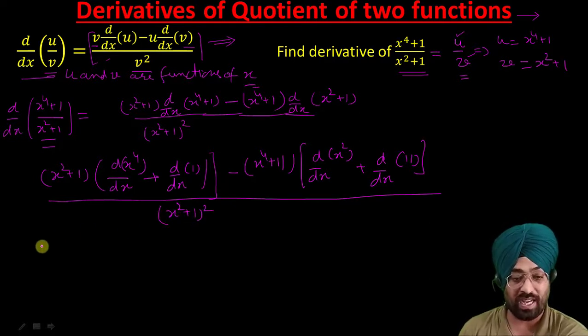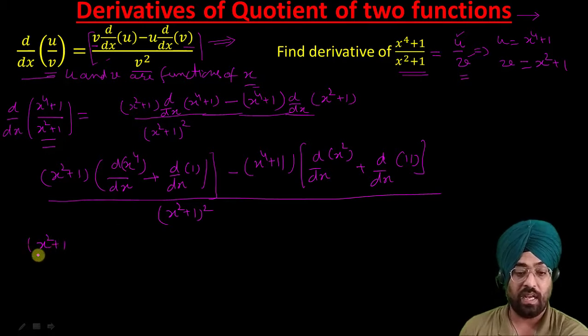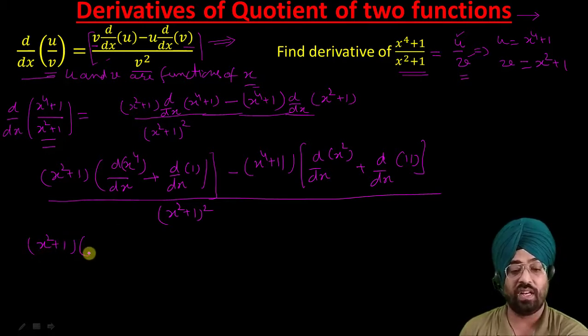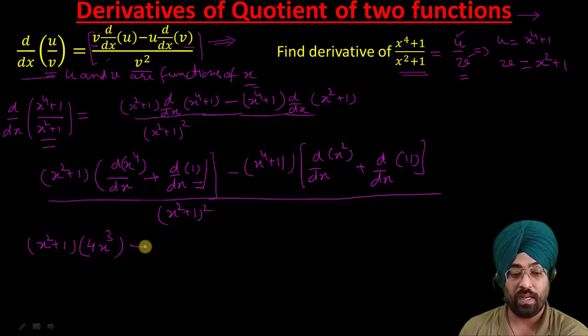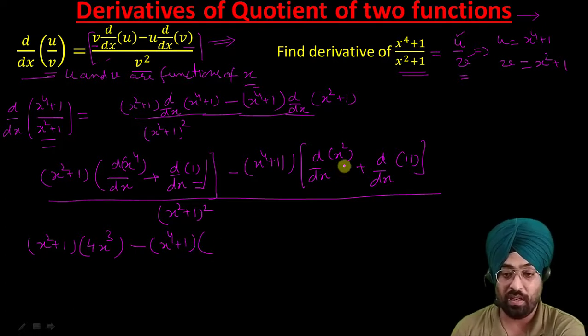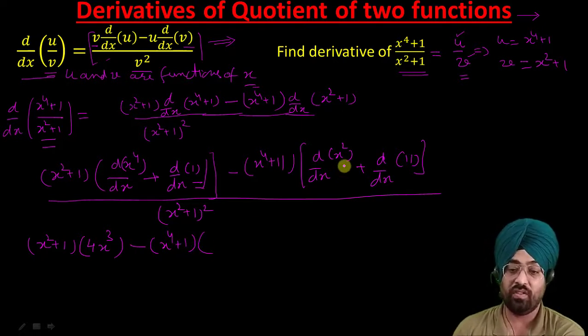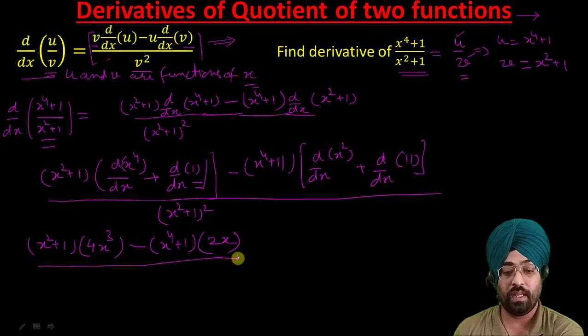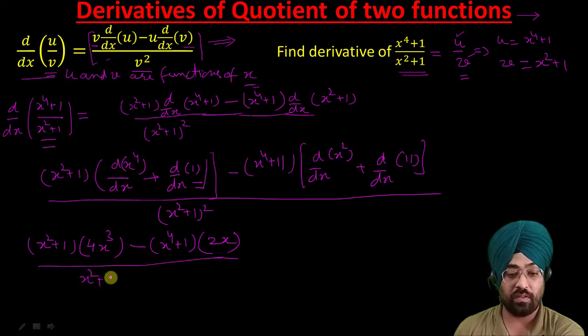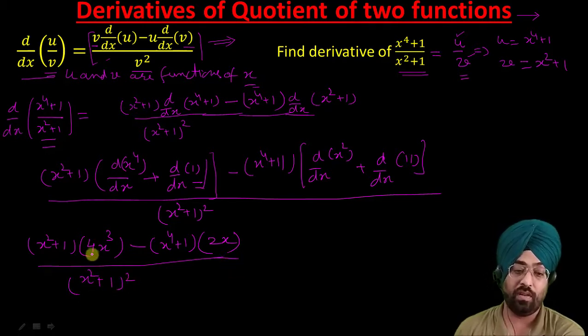Now it becomes x square plus 1 as it is, derivative of x raised to the power 4 is 4x cube, derivative of 1 is 0, so 4x cube, minus x raised to the power 4 plus 1, so derivative of x square is 2x and derivative of 1 is 0, so 2x, divided by x square plus 1 whole square. Now you can solve it.